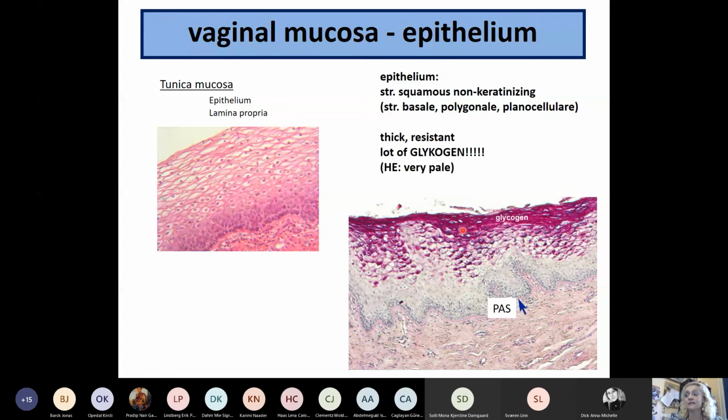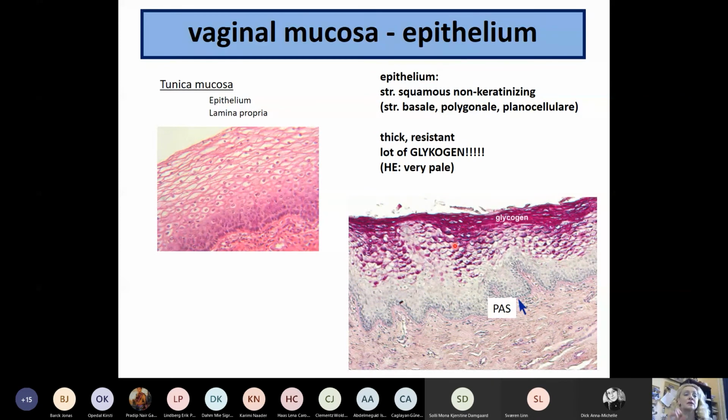This is a PAS stain slide. You remember PAS staining is for carbohydrates, so glycogen stains very well with PAS. And here you can see how purple the top is, the top layers. Actually, the esophagus would be the same.